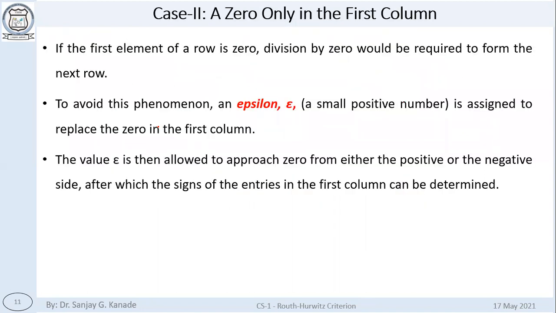Now let's come to case 2, where there is a 0 in the first column, but there are non-zero elements in that row. The first element of the row is 0, but some elements are there which are non-zero. So what is done is the 0 is replaced by a very small positive number epsilon. Instead of writing 0 there and calculating, that 0 is replaced by epsilon, and the calculations are performed.